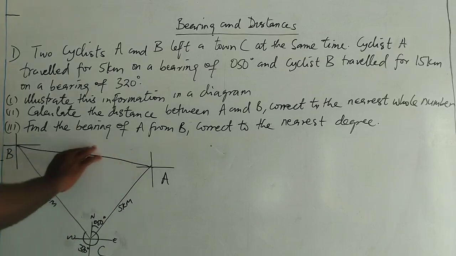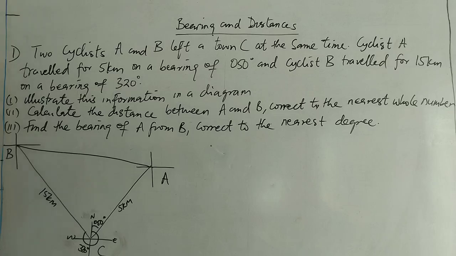And that's what we are calculating. In most cases, in bearing and distances, we use cosine rule to calculate missing sides or unknown distances. In this case, we are going to generate the cosine rule for this diagram.